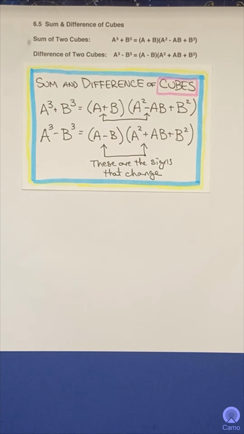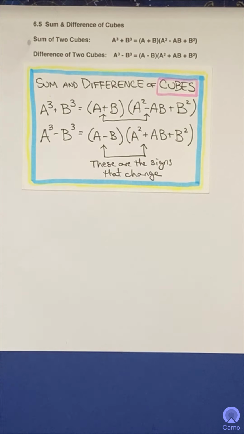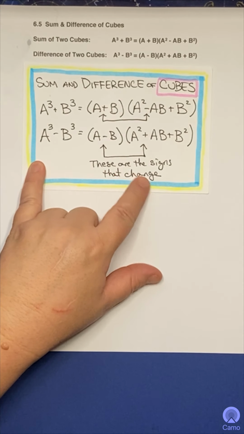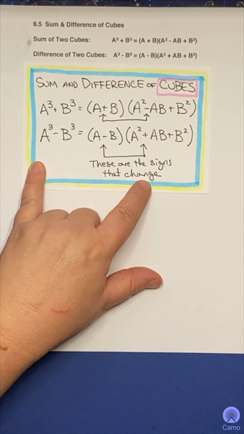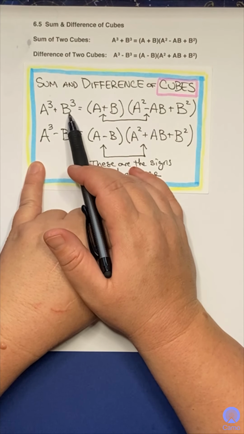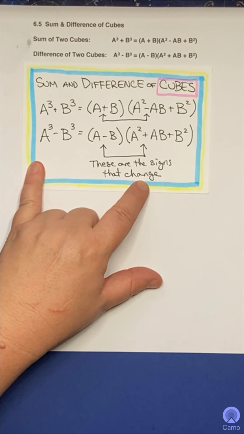So let's take a look at these two formulas, the sum of two cubes and the difference of two cubes. You'll see that I've written out one of my little cards with the colors and everything, and it's got arrows, and hopefully this will help make sense. So basically when you're factoring cubes, I mean a cubed plus b cubed, or a cubed minus b cubed, these are going to be very particular problems.